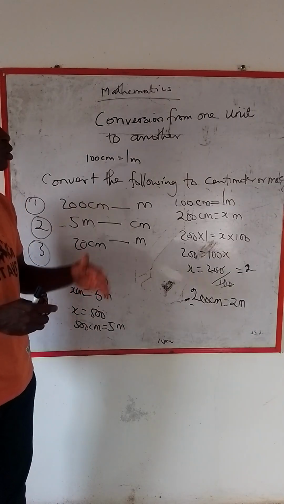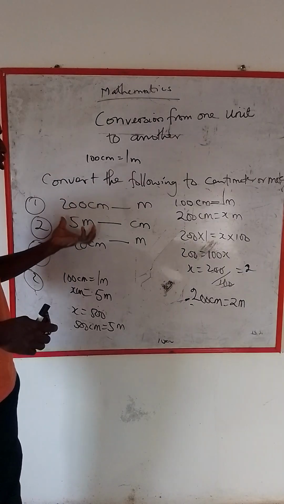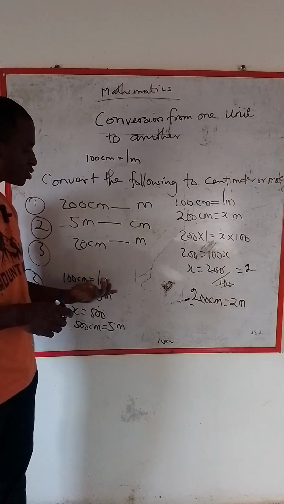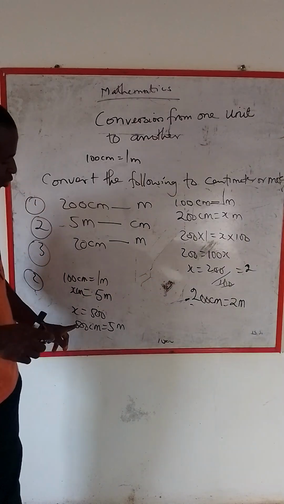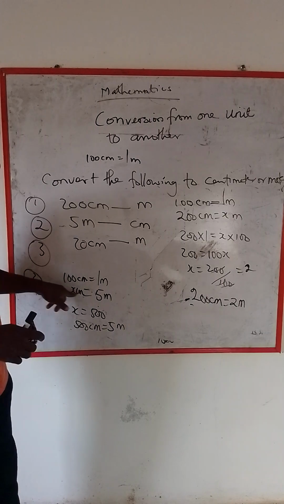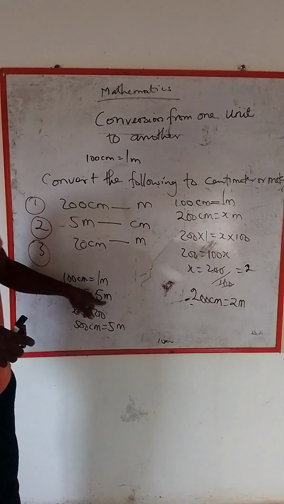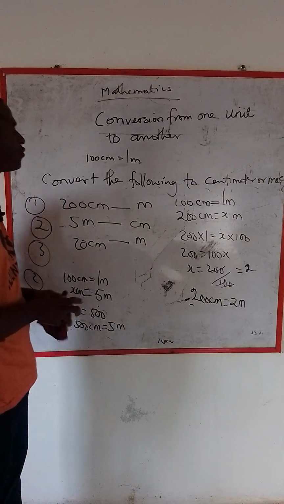So we don't even need to do all of them. All you just need to do is to understand the conversion process and fix the numbers accordingly, and you apply your simple equations for getting the unknown. When you go to your unknown, you fix it in line with your question relationship. You will see that you are getting the conversion of that number.